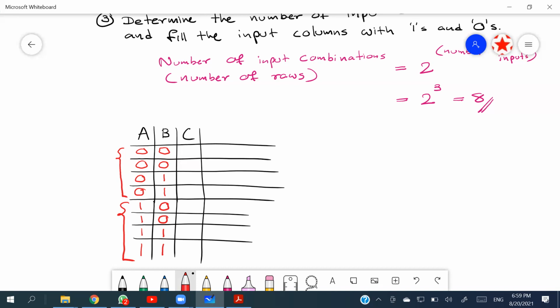Same logic applies to the third column as well, right? So that means you have to take these 2 are identical, so those 2 as one bundle and half are put as zeros and half are put as 1. So that means the third column is going to be a 0 and a 1 over here.